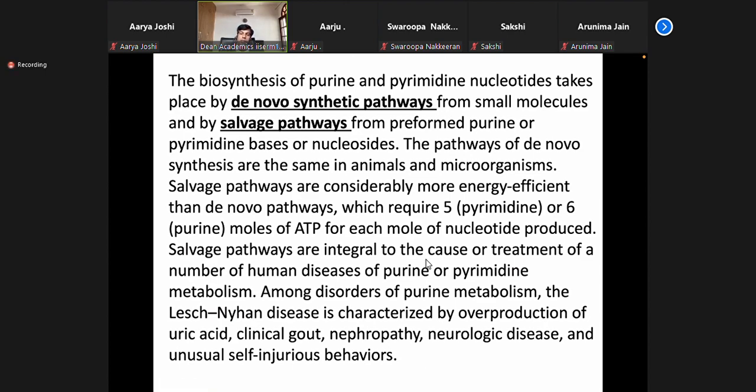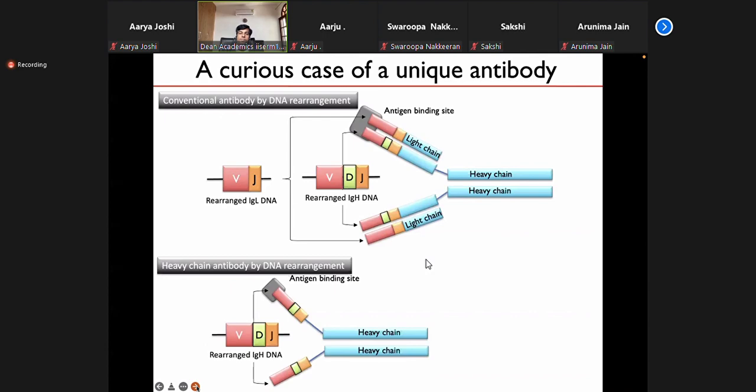Also neuropathies, neurological diseases, which can even be self-injurious. So basically, your brain is not working that efficiently. These are very important pathways for synthesis of nucleotides. If you have deficiency of one enzyme or the other in individuals, they will have one problem or the other, right?